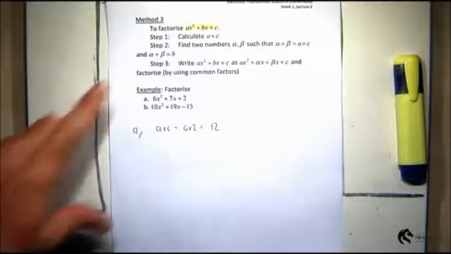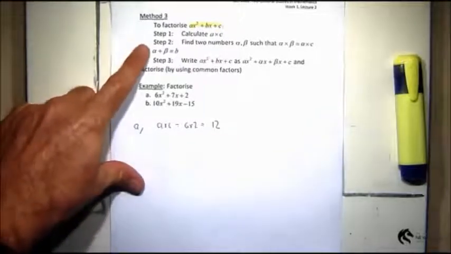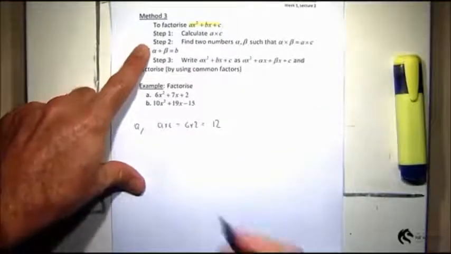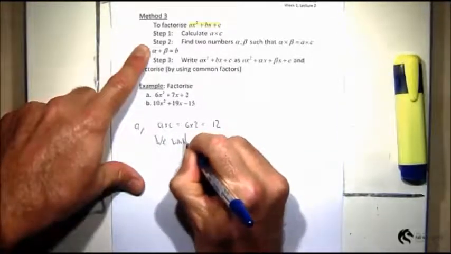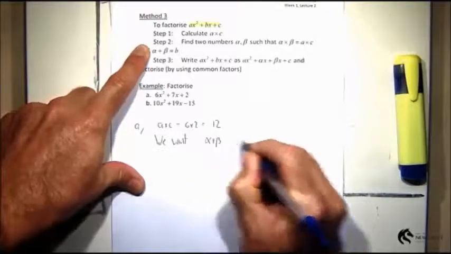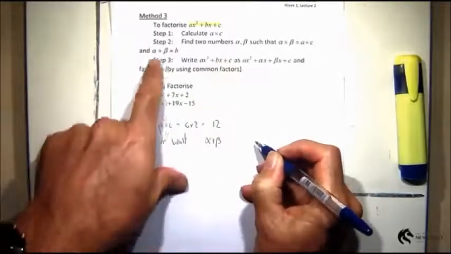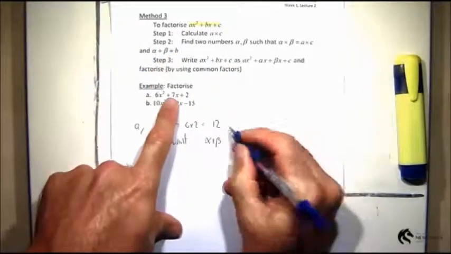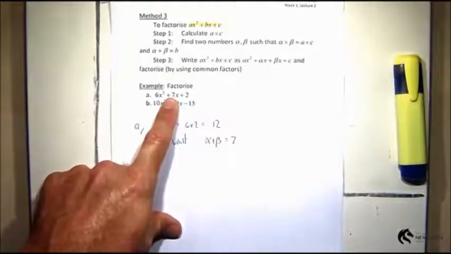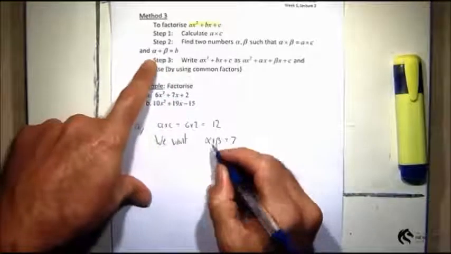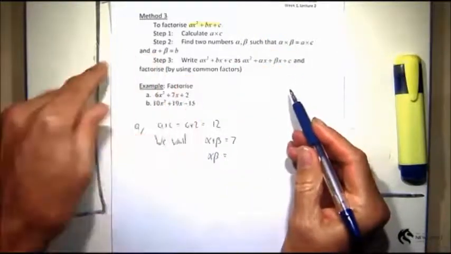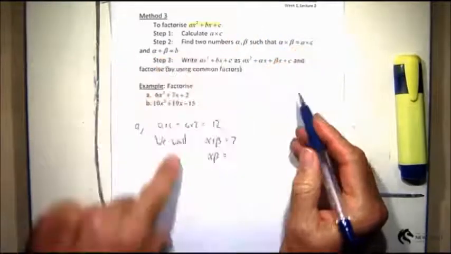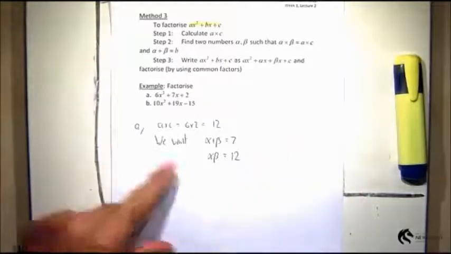Step 2 says, find two numbers, again your alpha and your beta, such that alpha plus beta is equal to b, so in this case it's equal to 7. And we want alpha times beta, this time not equal to c, but equal to a times c, so we want that equal to 12.